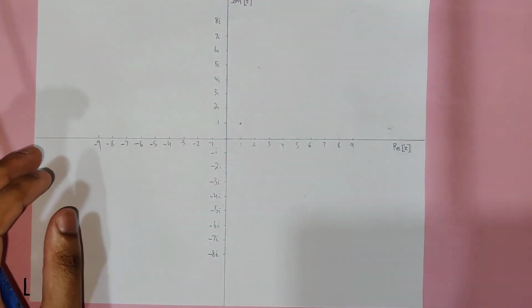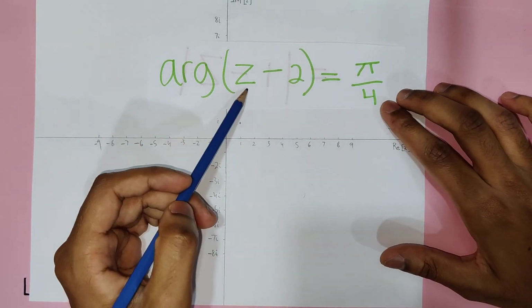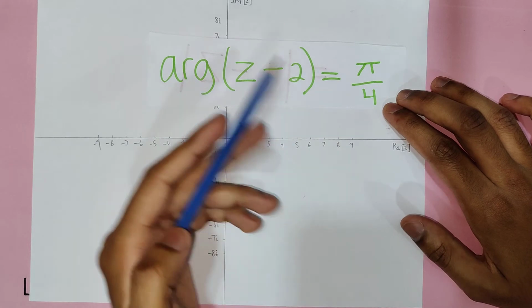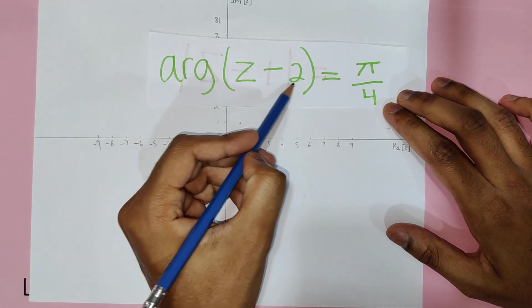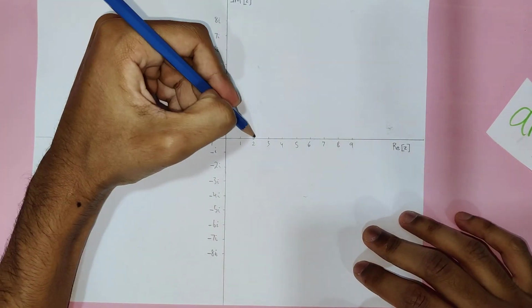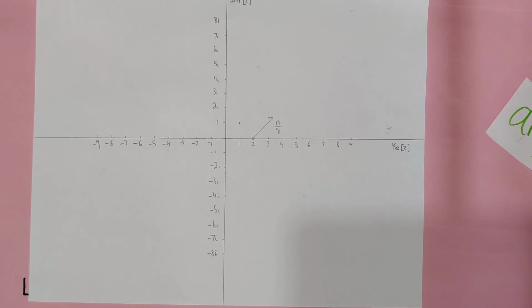So for example, if we have the argument of z minus 2 is equal to pi over 4, the half line starts at the point 2, and it is inclined upwards at an angle of pi over 4. So what does that look like?